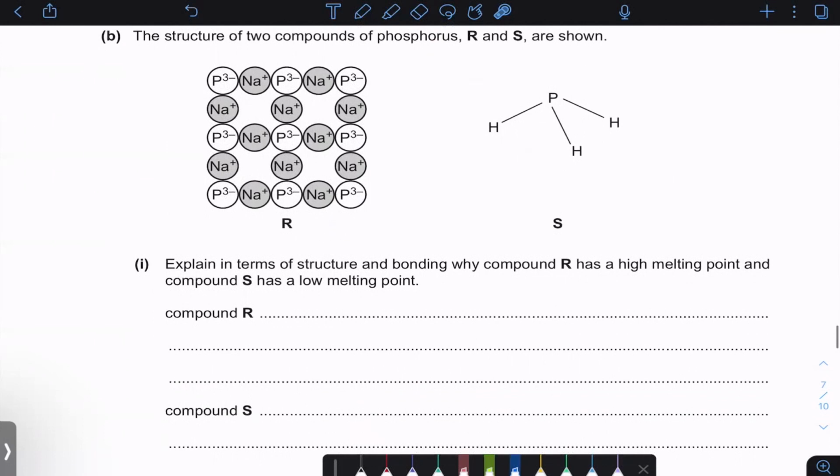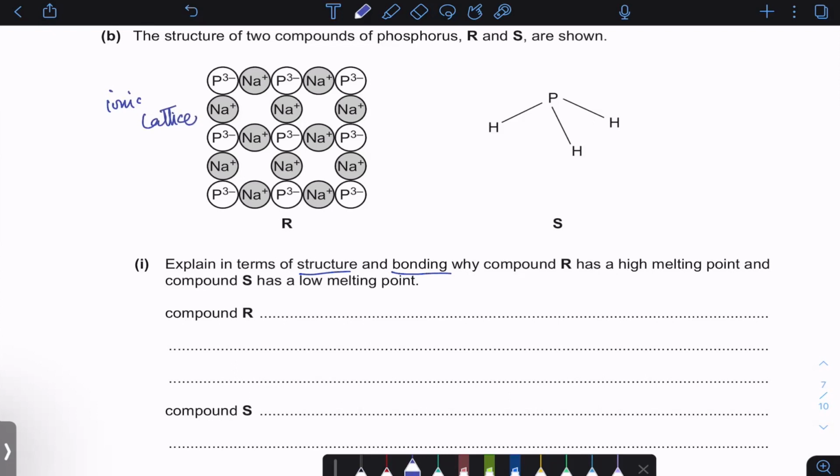Okay. Structure of two compounds of phosphorus R and S are shown. Explain in terms of structure and bonding. So let's talk about it. मुझे बताइए, what is the structure of R? It is ionic lattice.